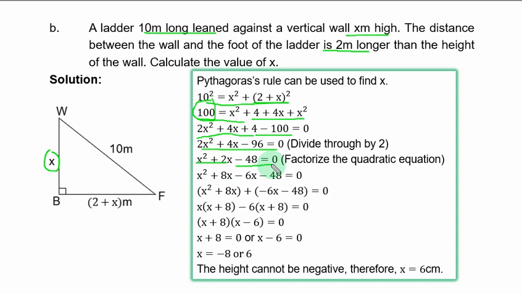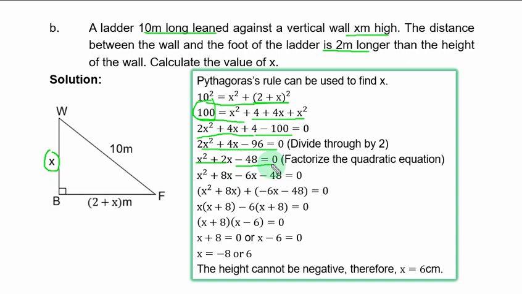Whenever A is equal to 1, you look for two factors of 48 whose sum is plus 2 and product is minus 48. Such factors must be plus 8 and minus 6.